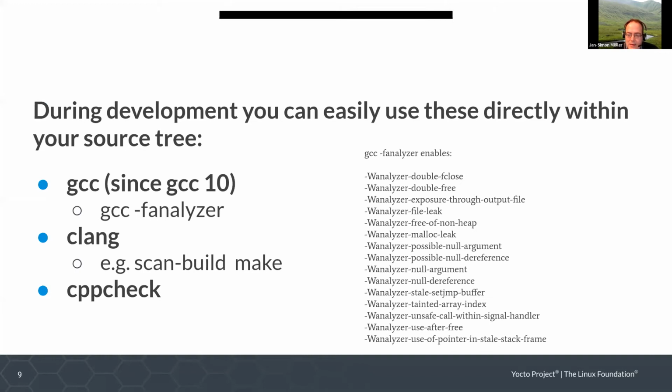Clang has a long history with scan-build and clang-tidy. So there are a lot of options to do static analysis with Clang. And a standalone tool, cppcheck. Let's take a quick look.